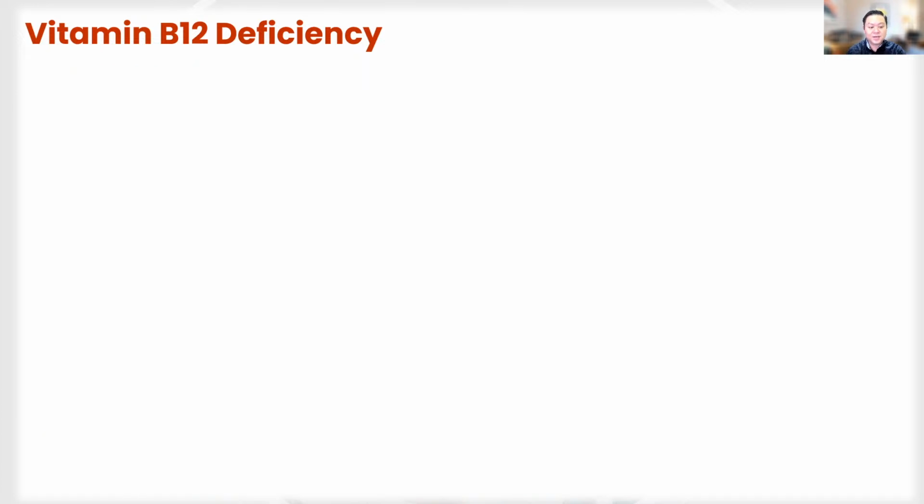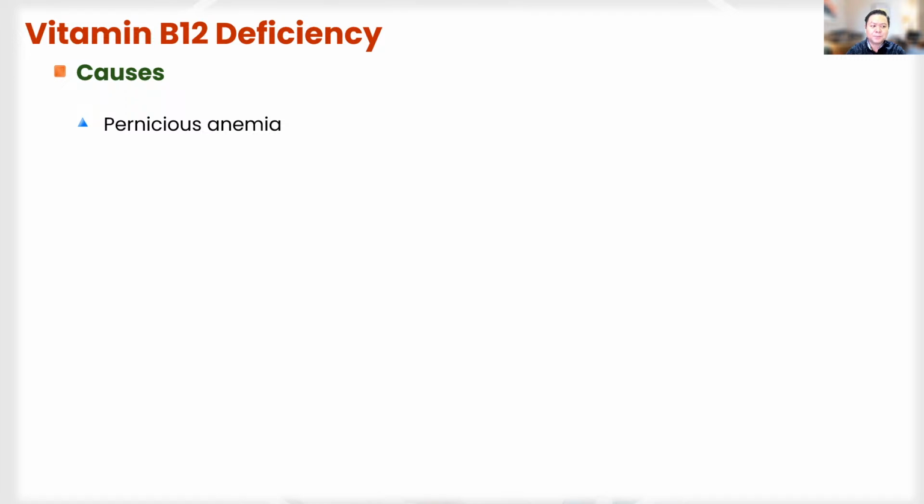Now take note, guys, that when we are talking about the vitamin B12 deficiency, there are so many causes. And one of those is the pernicious anemia. So what is this pernicious anemia? This is the autoimmune disorder that can destroy the parietal cells that are supposed to produce the intrinsic factor.